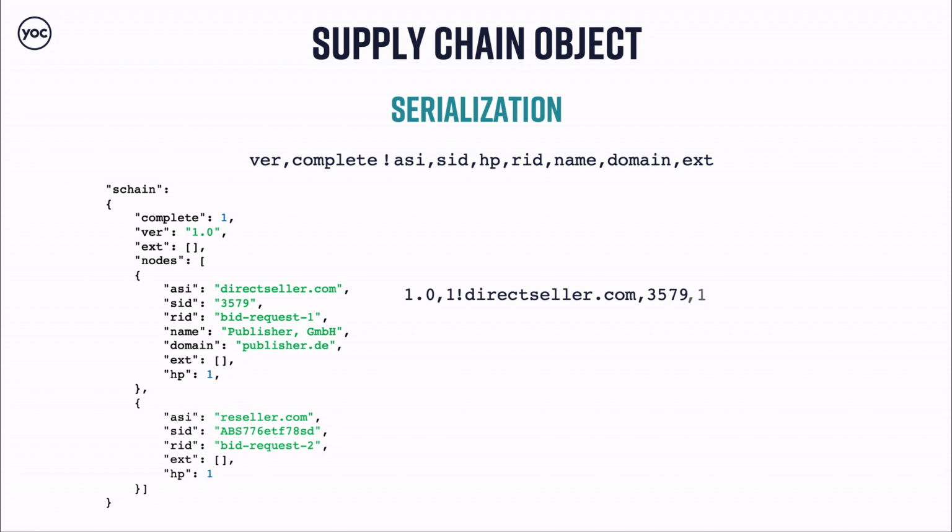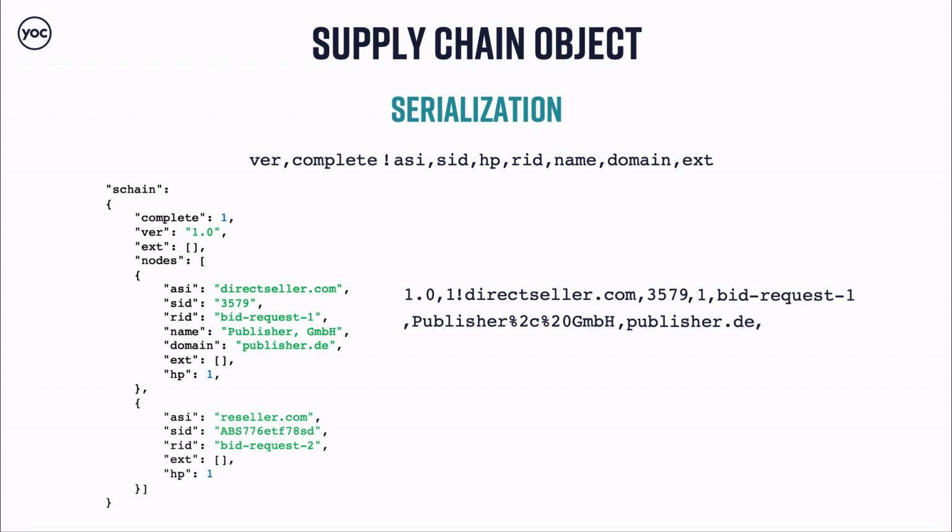Then goes the HP attribute, then the RID, then the publisher name, which is URL encoded, and publisher domain, publisher.de in this case. The last attribute in this node, which is the extension array, is empty. Therefore, there's just a comma left in the end.